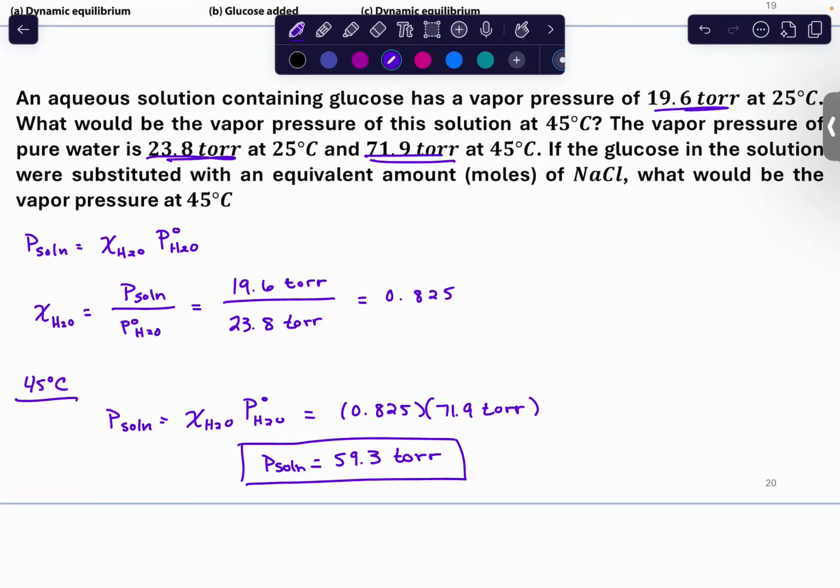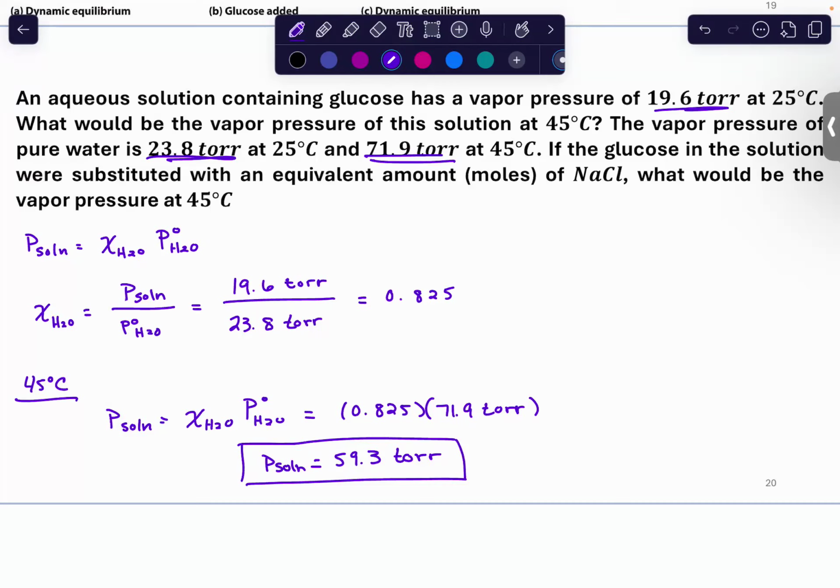Now, they're trying to trip you up with this problem. Why would they switch you from glucose to sodium chloride? What does sodium chloride do in solution that glucose does not? It not just dissolves, it dissociates.